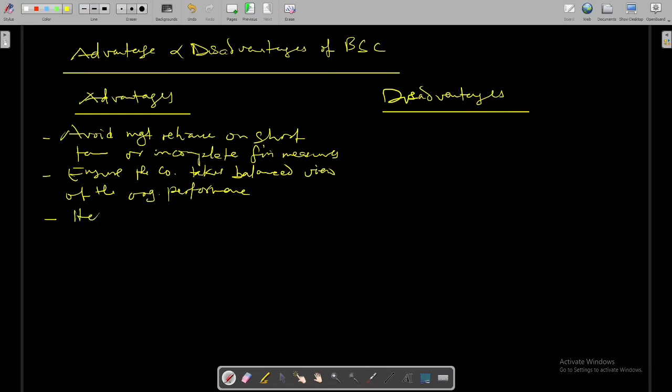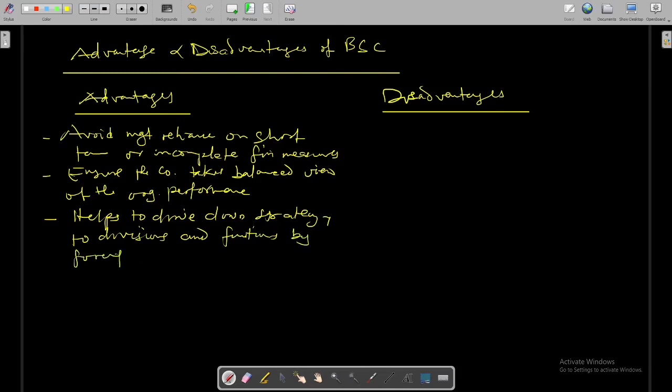It helps to drive down strategy to divisions and functions by forcing management to develop success measures relating to corporate goals.